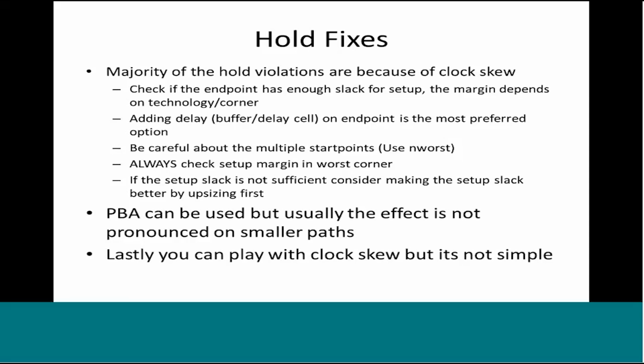The idea here is that the delay in the fast corner is less when compared to the slow corner. So the ratio is the delay in the worst corner divided by the delay in the fast corner.